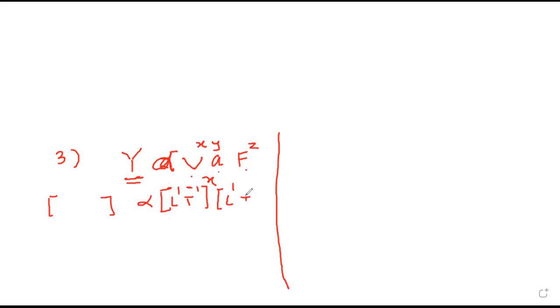Acceleration is meter per second square raised to y. And the third one is F. F means M1 L1 T minus 2 raised to z. Now only I don't know what is y.